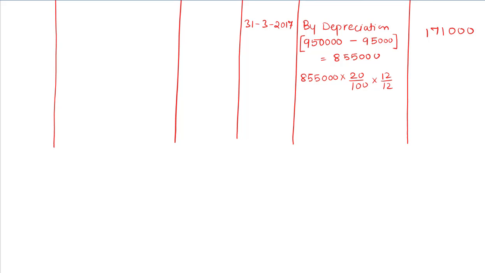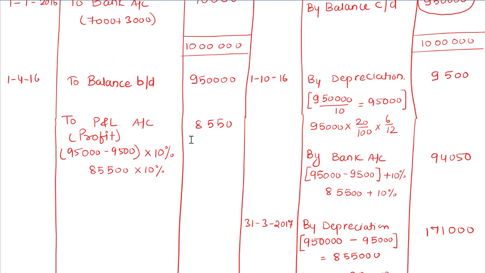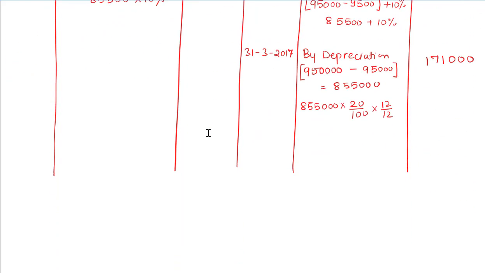Now we will calculate the balancing figure, that is balance carried down. First, make a total of these two figures: 9,50,000 plus 8,550, so the total over here is 9,58,550.